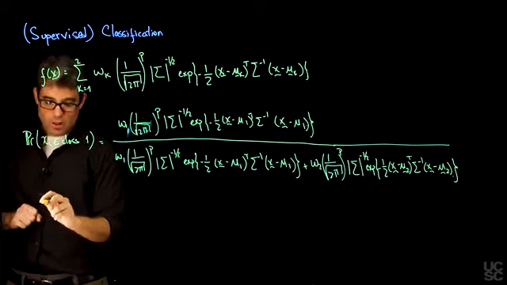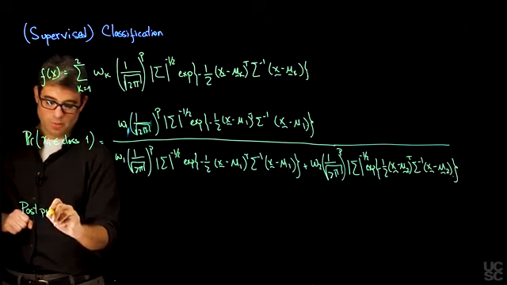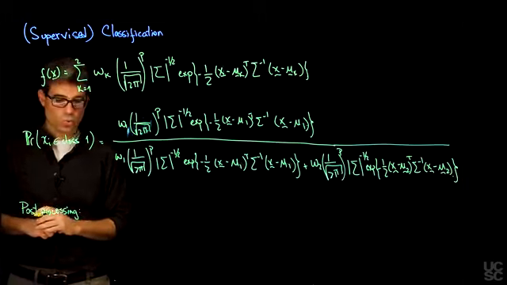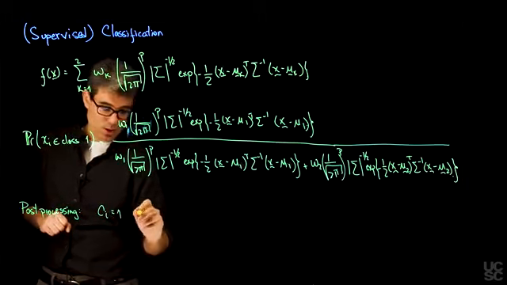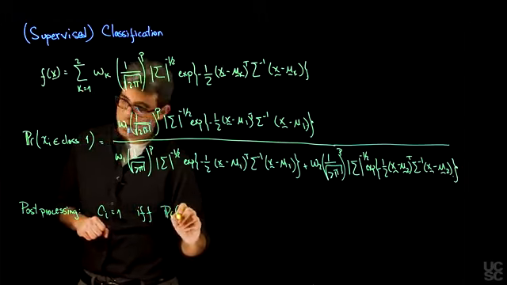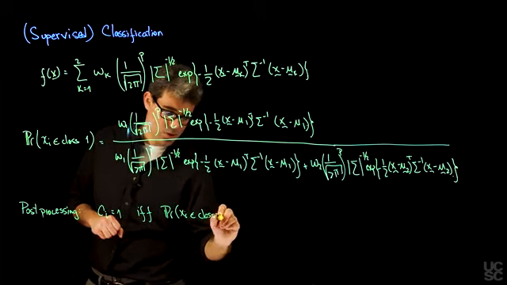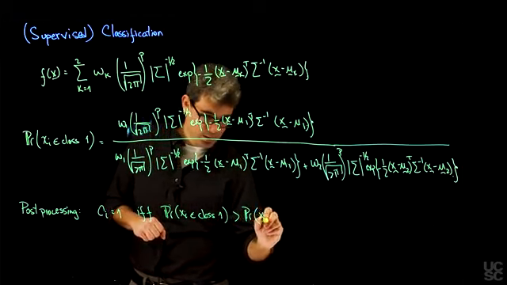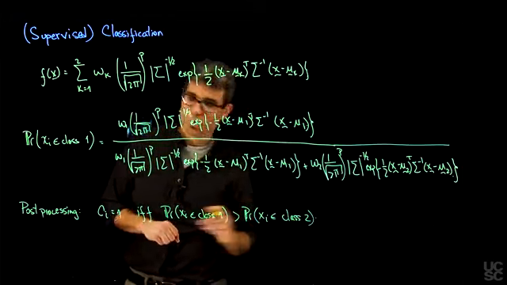So in the post-processing step, we are going to assign c sub i is equal to 1 if and only if the probability that xi belongs to class 1 is greater than the probability that xi belongs to class 2.